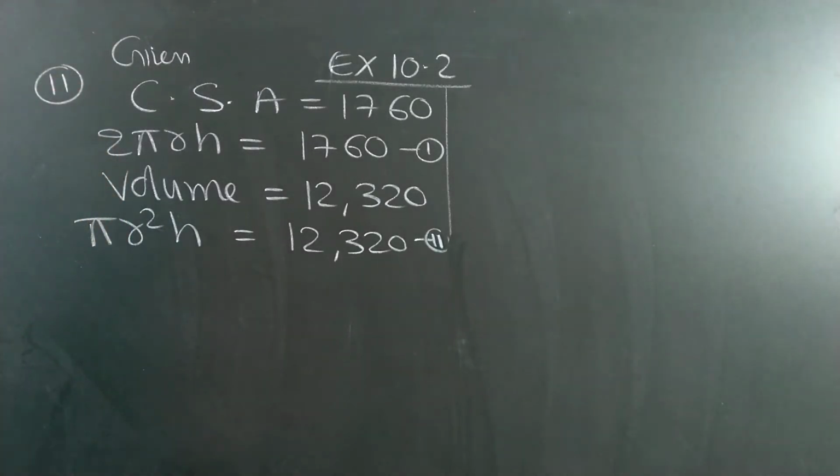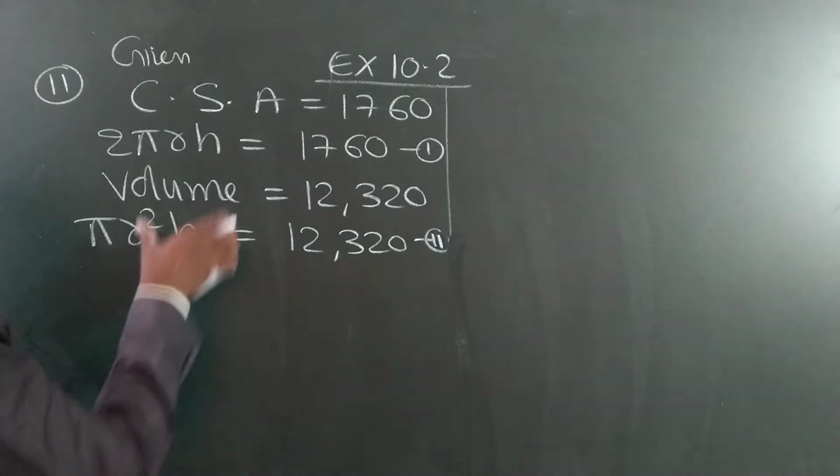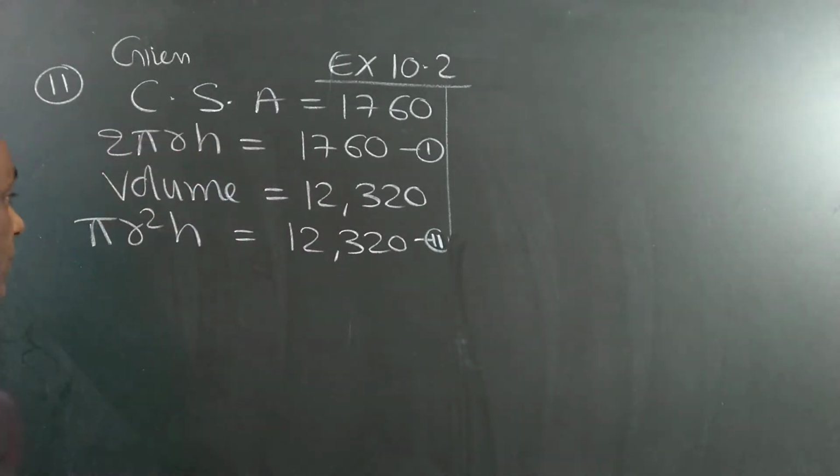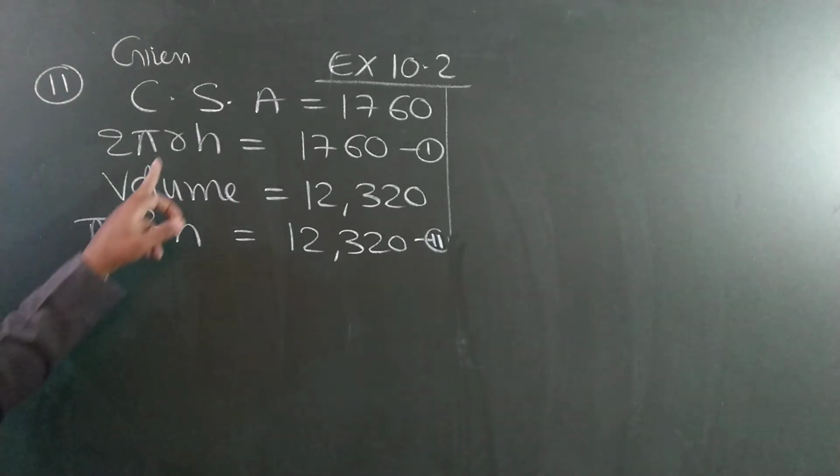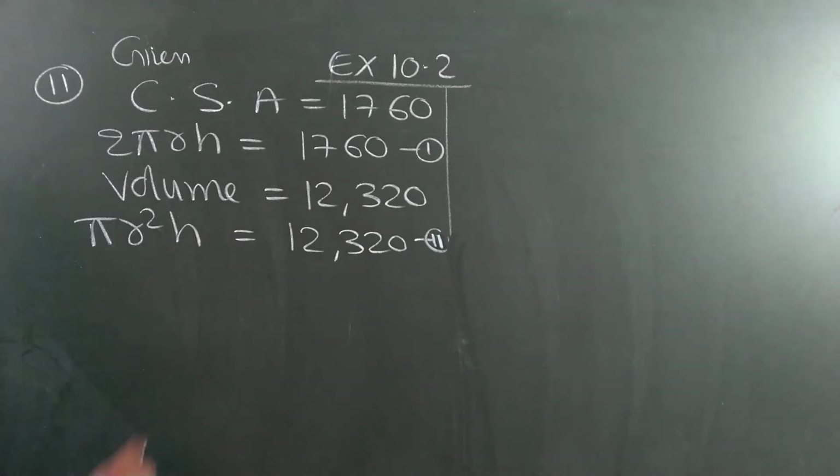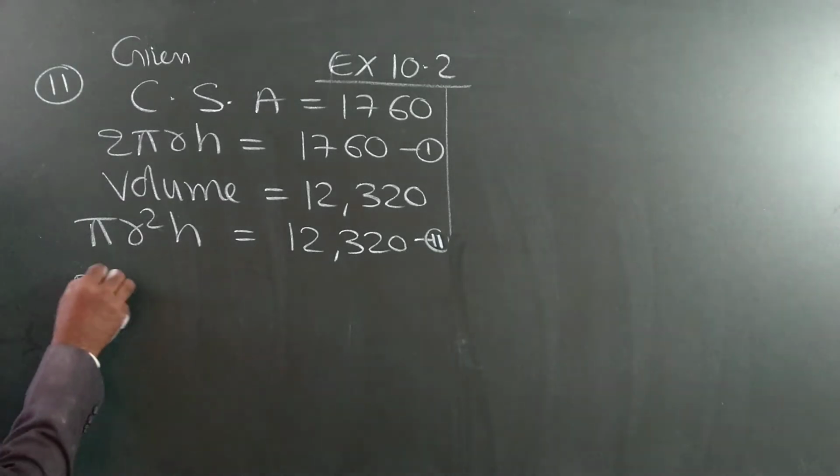Now what am I doing? Divide one equation by the other equation, but before that, see, we can simplify in so many ways. The easy method is, if this is r square, let us get r square here.